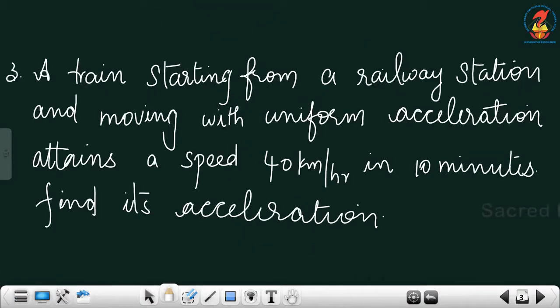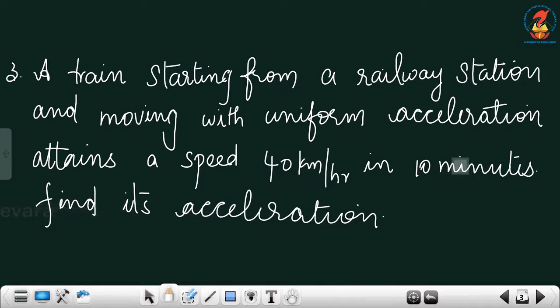A train starting from a railway station and moving with a uniform acceleration attains a speed of 40 km per hour in 10 minutes. Find the acceleration. Okay. A train starting from a railway station attains a speed of 40 km per hour.